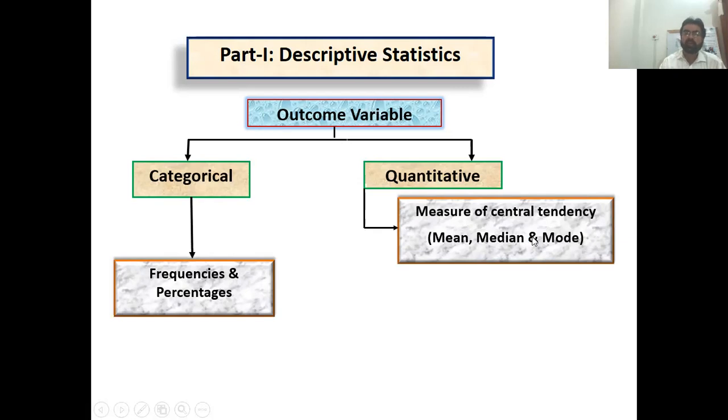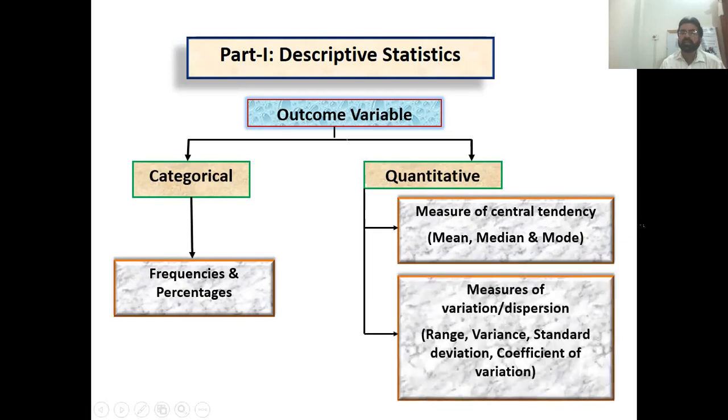Other measures of statistic or analysis are variation and dispersion, and that includes range, variance, standard deviation, and coefficient of variation.